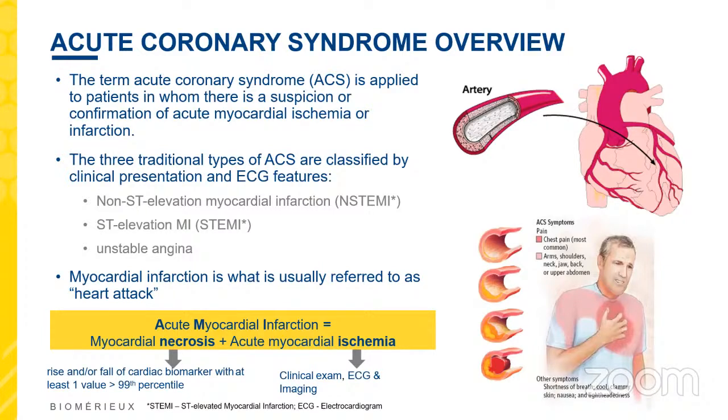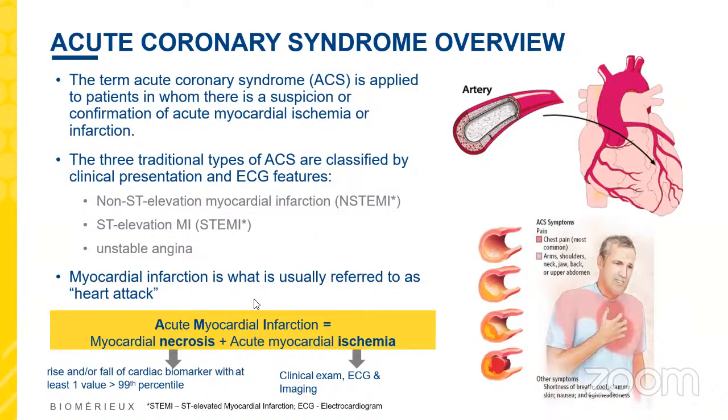There are three types of ACS that are classified based on how they present clinically and also how the ECG appears. ECG is the electrocardiogram. It's a very basic test that is done at casualty when you suspect a patient has acute coronary syndrome. They are classified into three, and I'll go into the classification on the next slide in more detail.